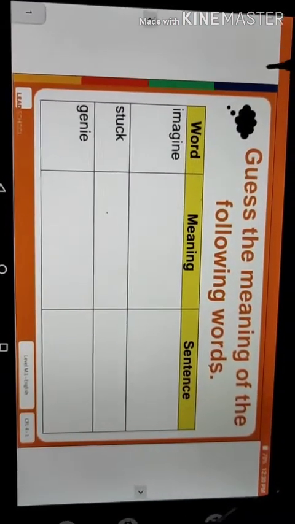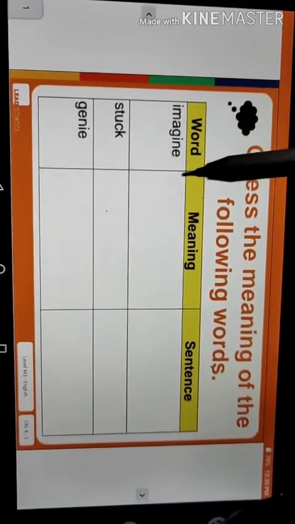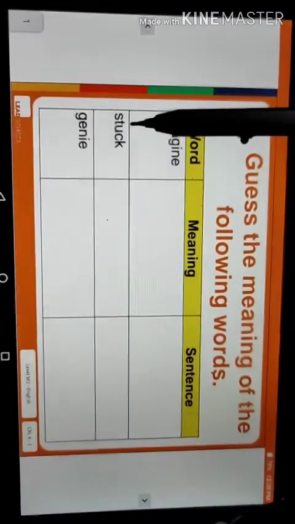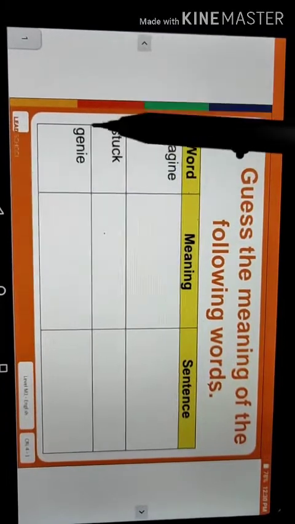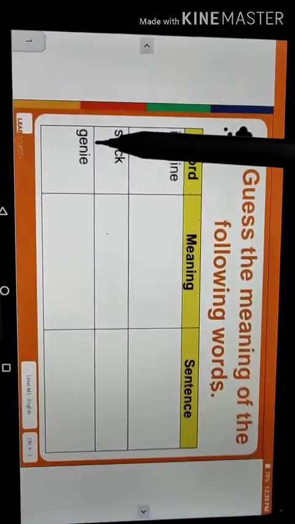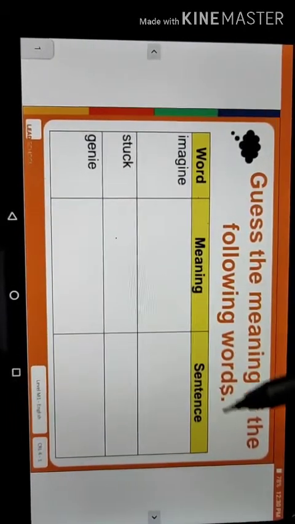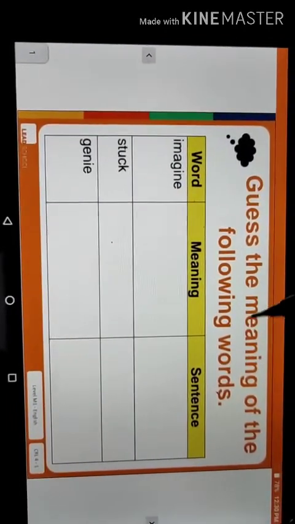So let us read some difficult words. The first word is imagine. The second word is stuck. And the third word is genie. Just try to guess the meaning of the following words.